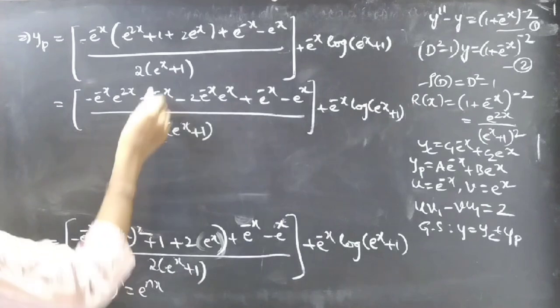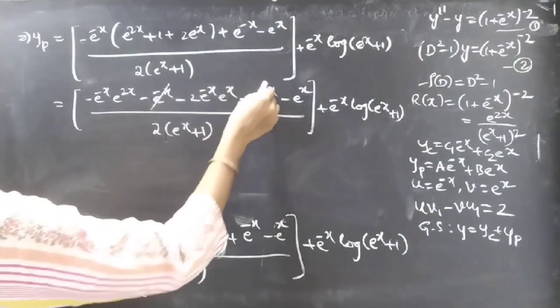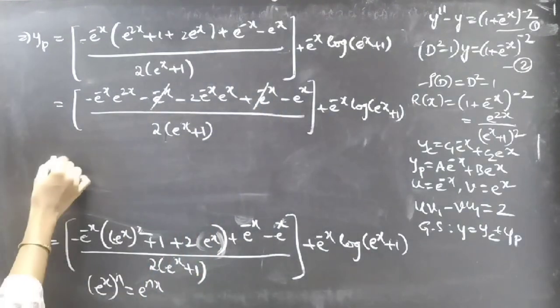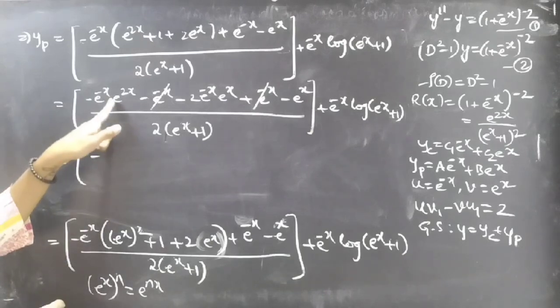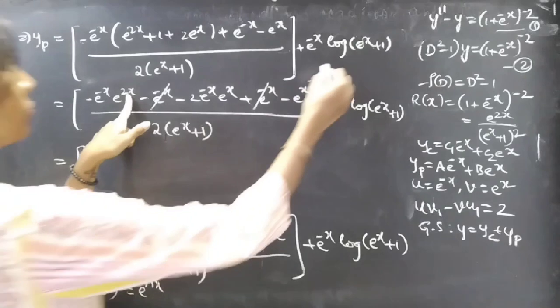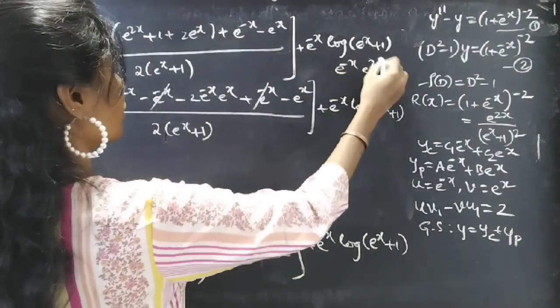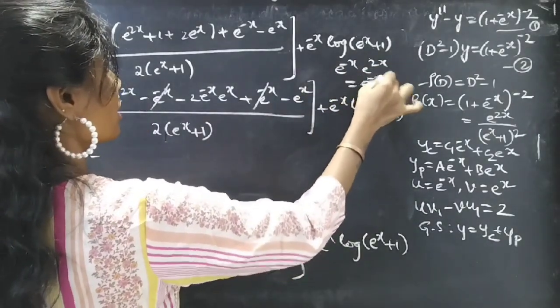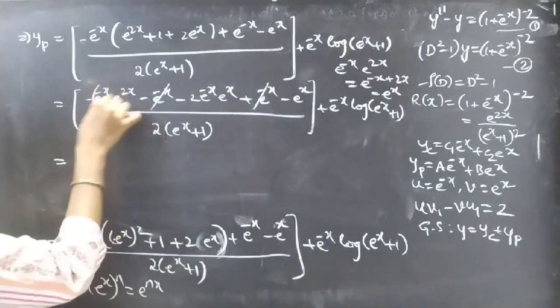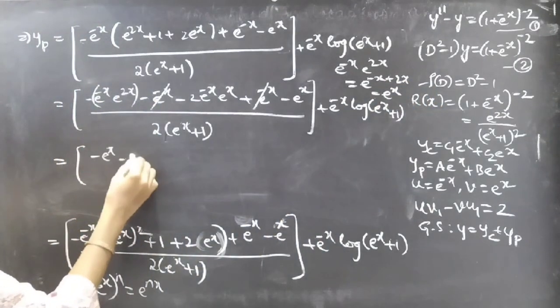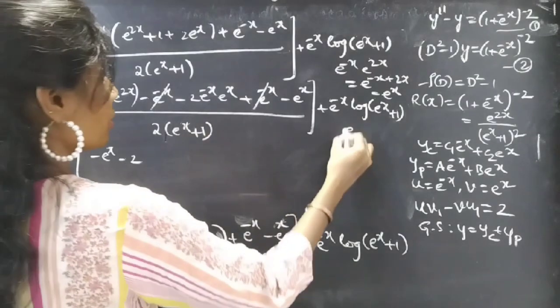So here e power minus x minus e power minus x and plus e power minus x get cancelled. Minus, so you're having e power minus x into e power 2x, right? You can write it as e power minus x plus 2x, which gives us e power x. So replace this with e power x minus 2 into e power minus x.